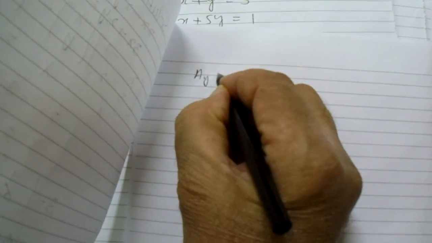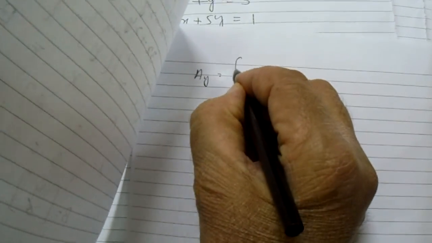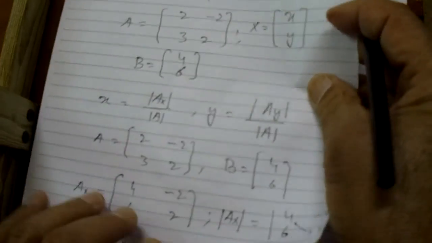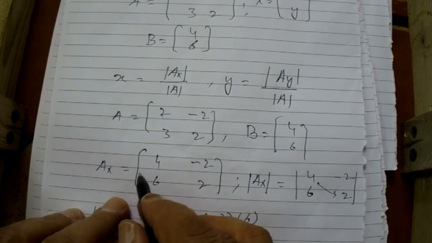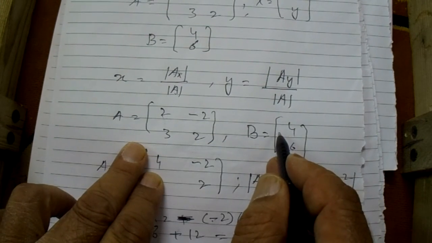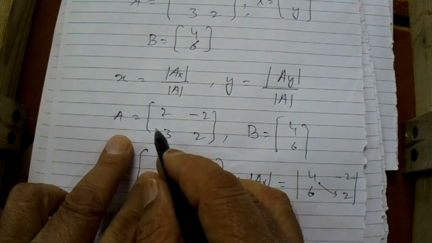Similarly, we will find AY. We write AY. This is our matrix A, and this is our matrix B. We want to write AY.